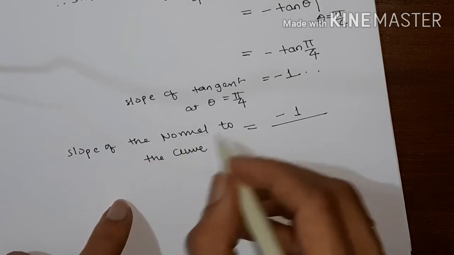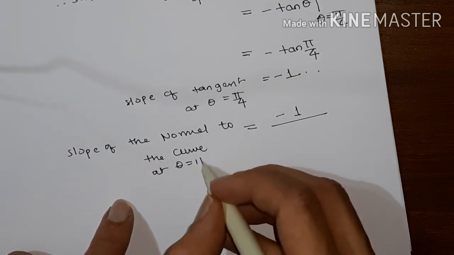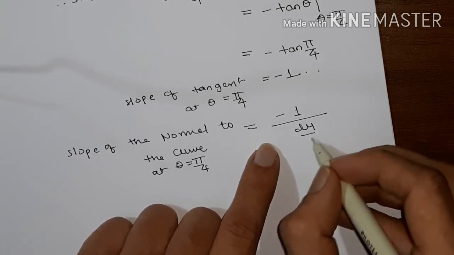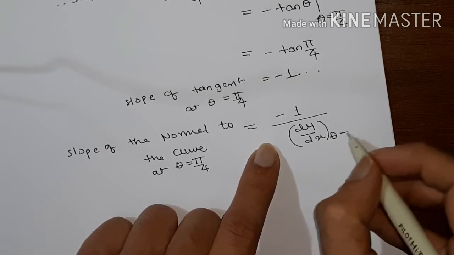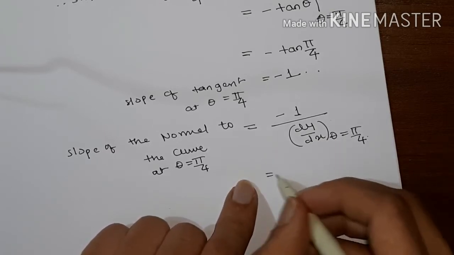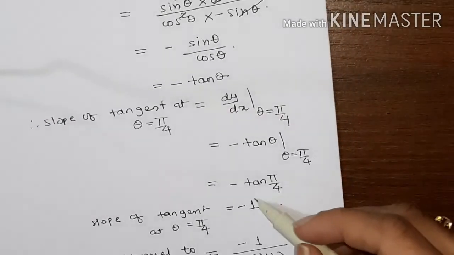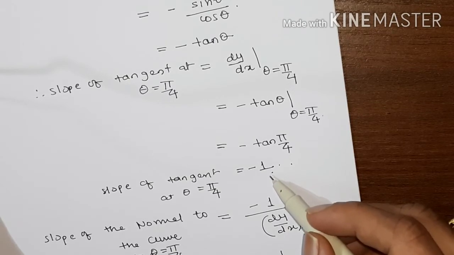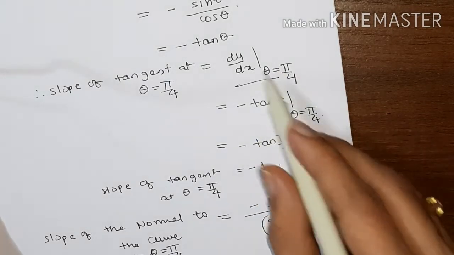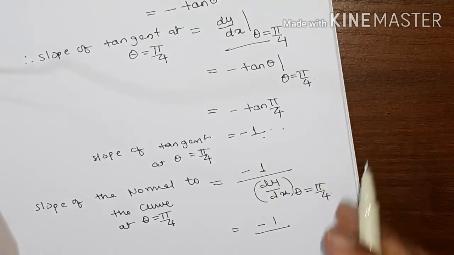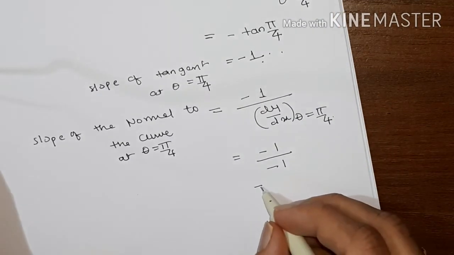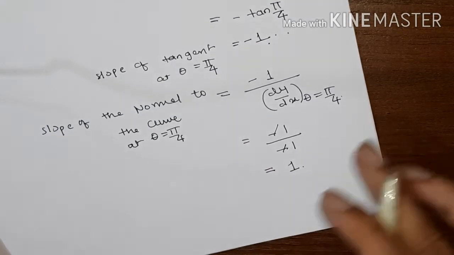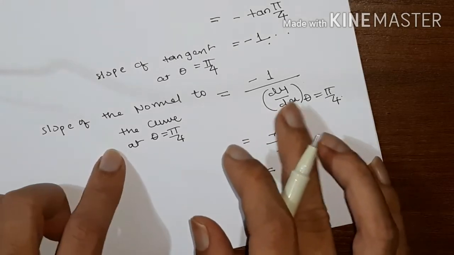So the slope of the normal to the curve at theta equal to pi by 4 is minus 1 divided by dy by dx at theta equal to pi by 4, that is the slope of the tangent, which is minus 1. So minus 1 divided by minus 1, minus and minus get cancelled, and we get 1. This is the direct formula you have used.